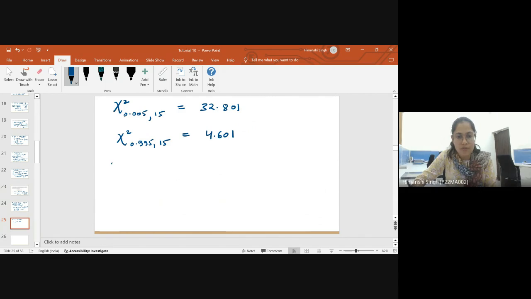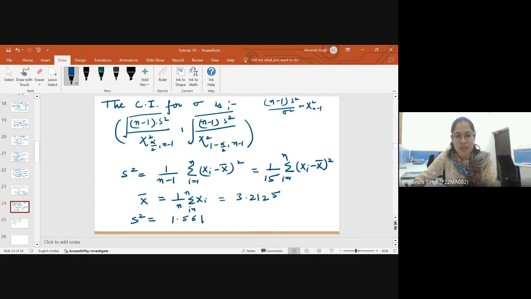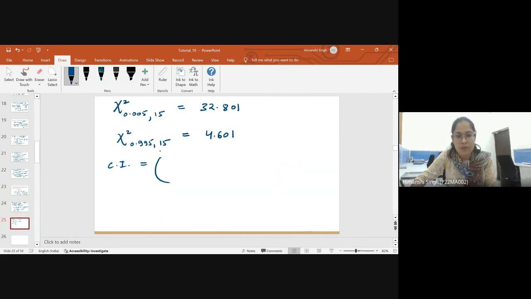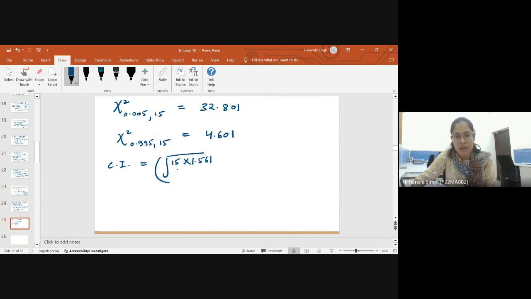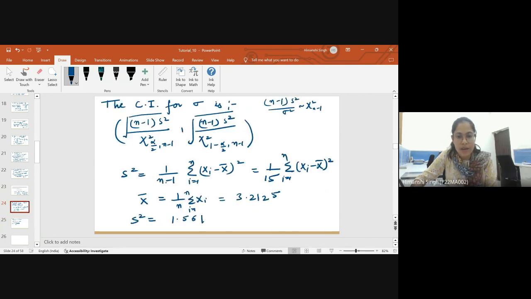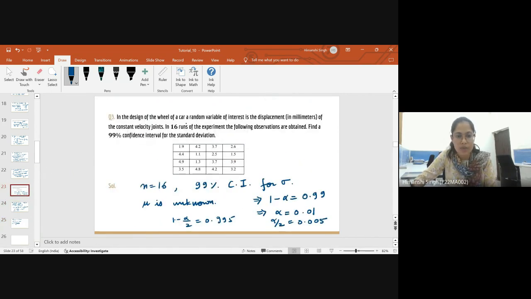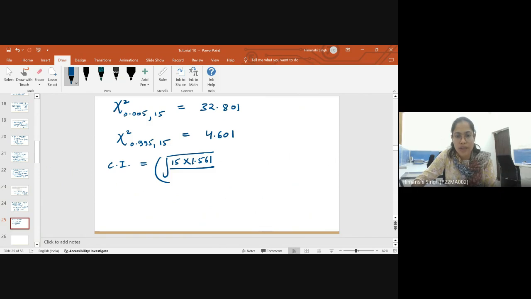The confidence interval will be square root of 15 into s square, that is 1.561, divided by chi square at alpha by 2, n minus 1 degrees of freedom, that is 32.801, and square root of 15 into 1.561 divided by this value 4.601. So this will be the confidence interval.